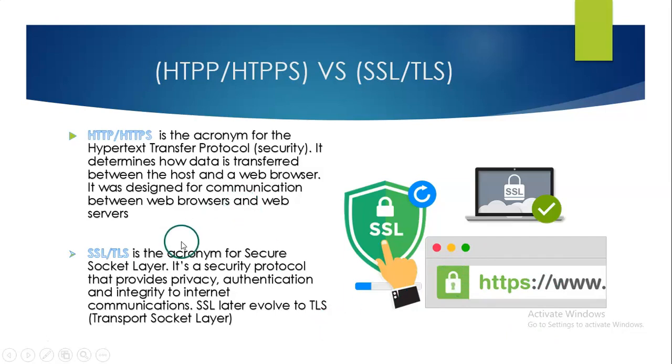So that is that. Now, SSL and TLS. SSL is the acronym for Secure Socket Layer, and that is the security on every website. When you see HTTPS, it means there's an SSL running on that website.